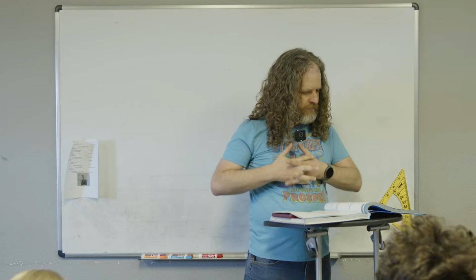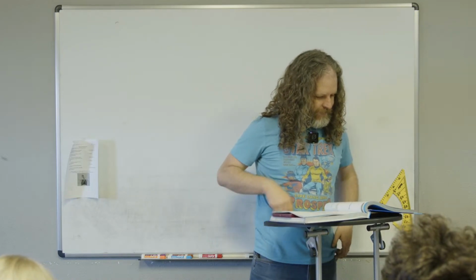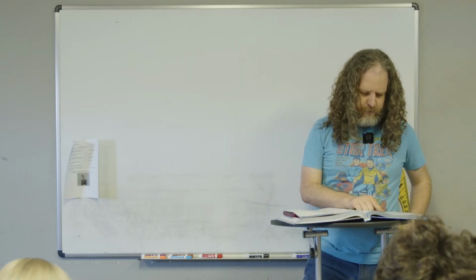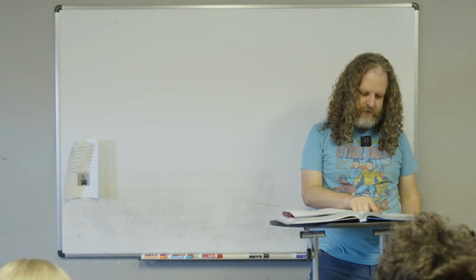Number 12 from 9-3 is x minus 4 quantity squared plus y minus 9 quantity squared equals 36.